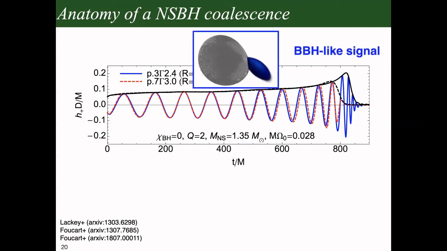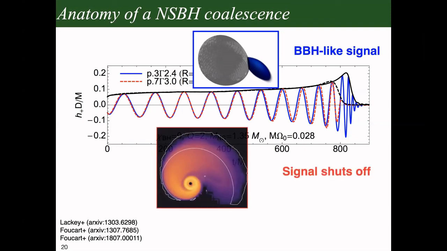In the blue case, the neutron star just falls into the black hole. You don't have much time for any tidal interactions or anything like that. So the neutron star simply falls into the black hole, and you get something like the blue signal. On the opposite extreme, the neutron star could be completely torn apart during this process, and you have something like the red. You no longer have a neutron star orbiting around a black hole.